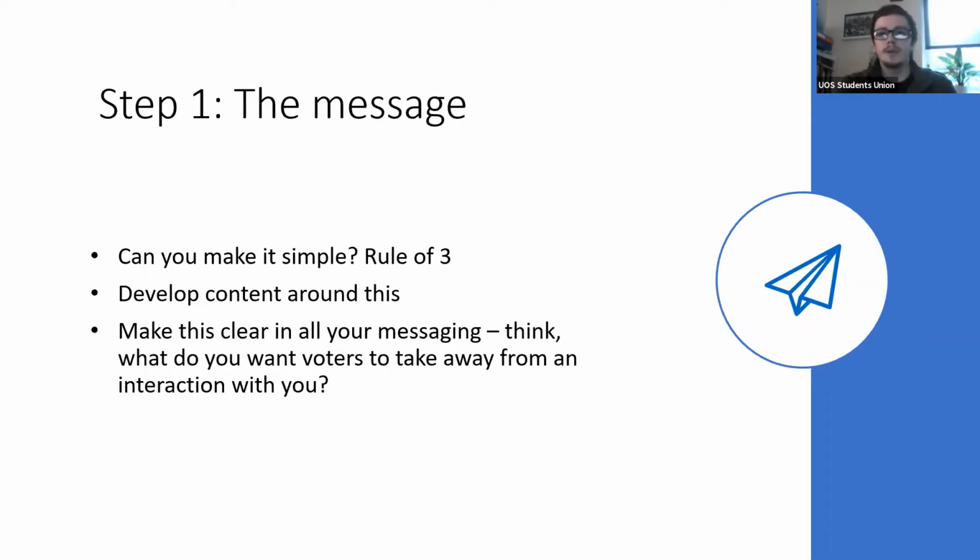If you're creating a poster, you might want to put a tagline relevant to those points on the poster. If you're planning your social media content for the week of voting, you can make sure you get across all three points in that schedule.